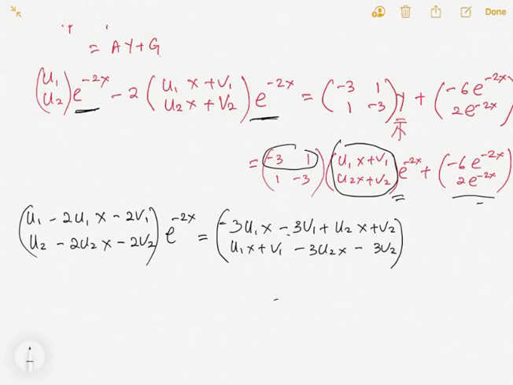So this one is for the exponent negative 2x. Okay. So now it's more clear, you can just solve it.